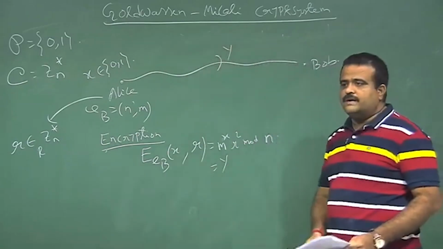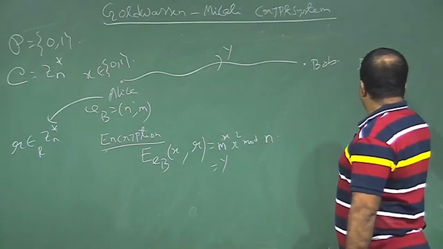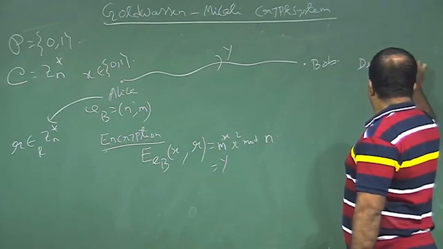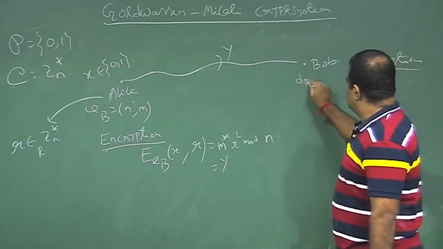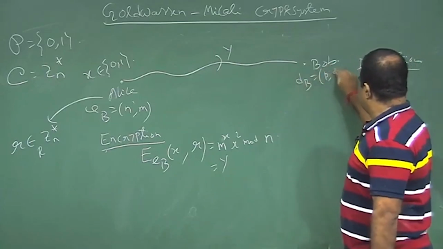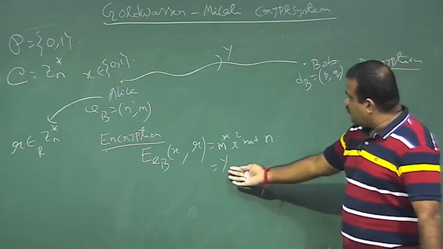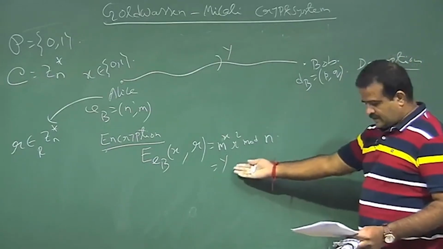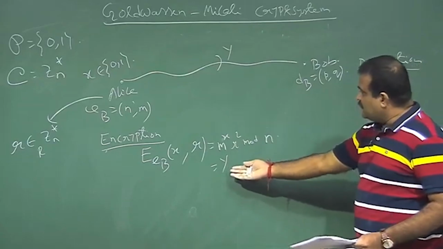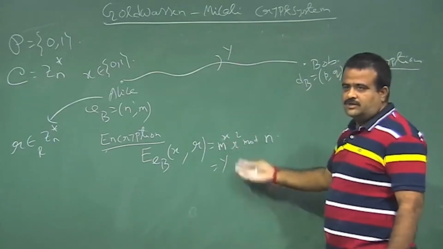Now, how will Bob get back the message? That is the decryption phase. Bob has his secret key, which is P, Q. Bob has to check: if y is a quadratic residue mod n, then x must be 0, because y is just r square.